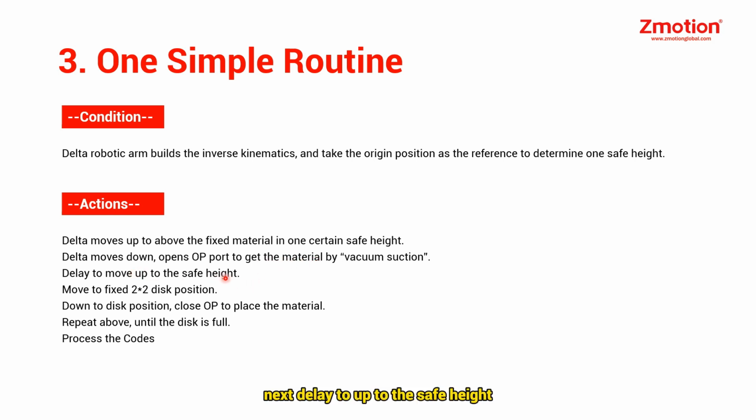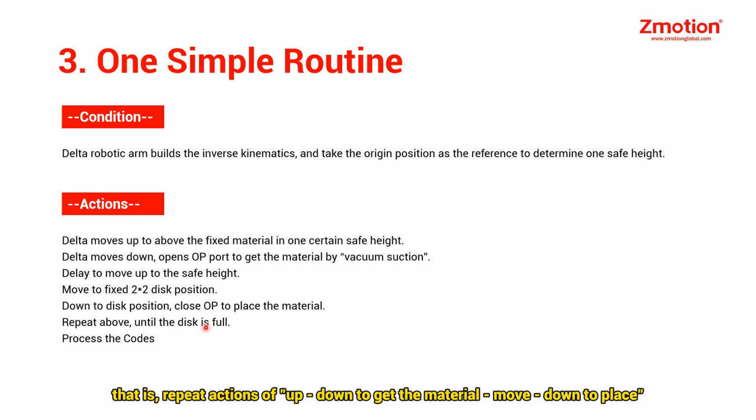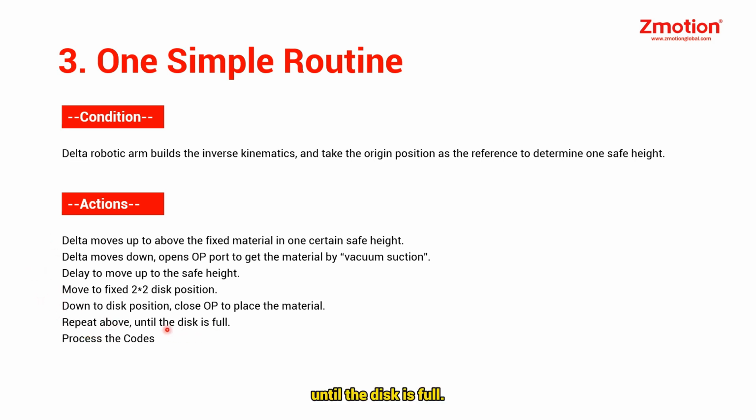Next delay, up to the safe height. Move again to above the 2x2 disc. Down again to the disc position, close OP to place the material. After that, up the arm, return to above the material. That is, repeat actions of up, down to get the material, move, down to place, until the disc is full.